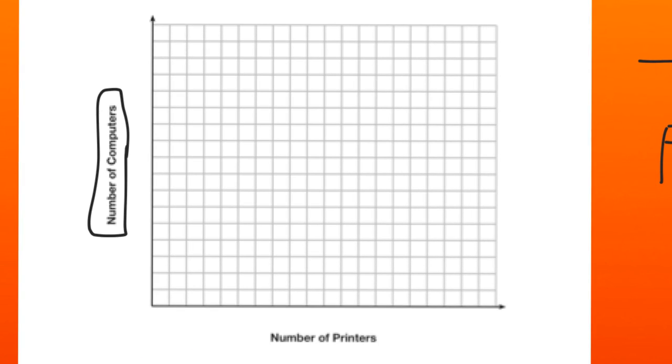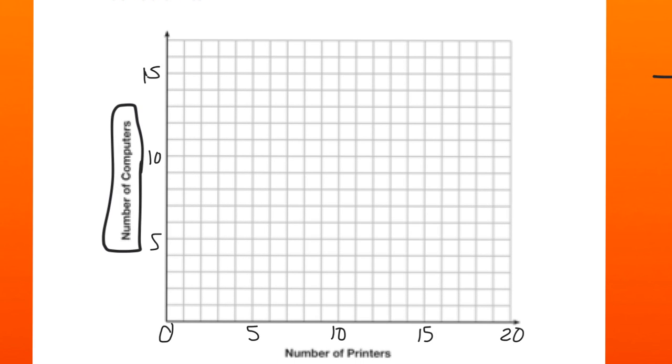I'm going to zoom in here to make this a little easier. For that first equation, some key ordered pairs would be (0, 5), (10, 4), and (20, 3). Of course, on your graphing calculator you might need to play around with the window settings to make this more visible.